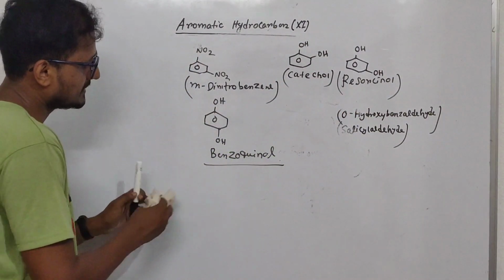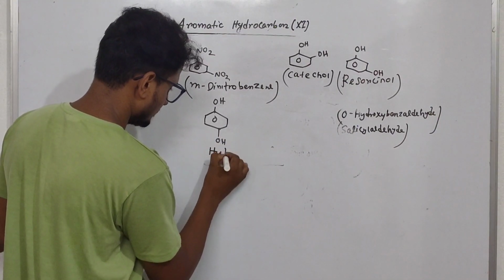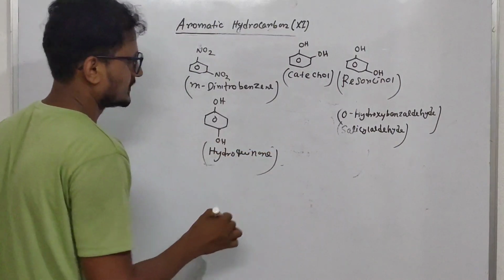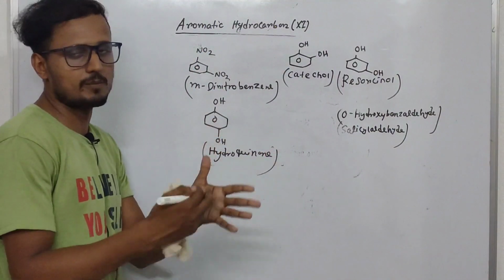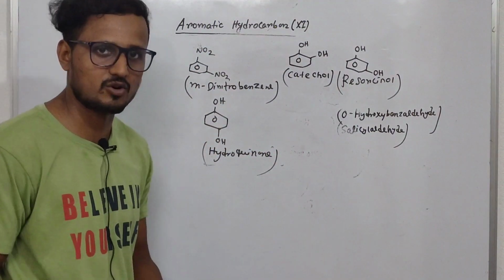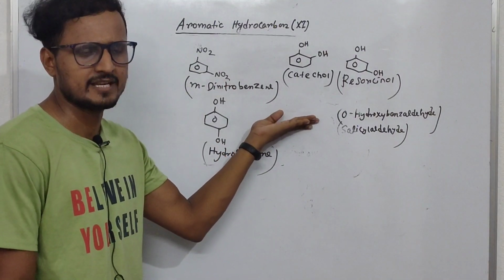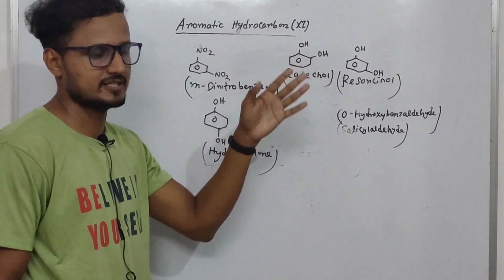This compound can be named hydroquinone also. So these are the names of some more compounds. We'll discuss later on: we will get phthalic acid, we will get anthranilic acid. Those compounds we'll discuss later.